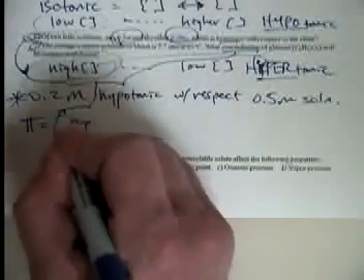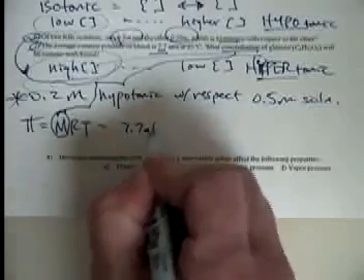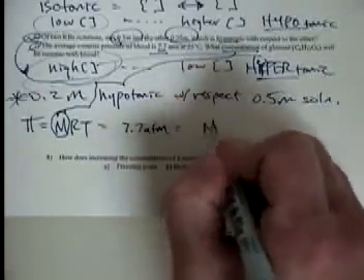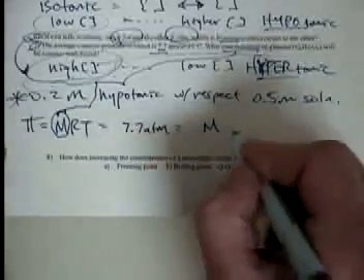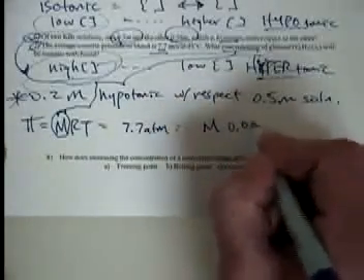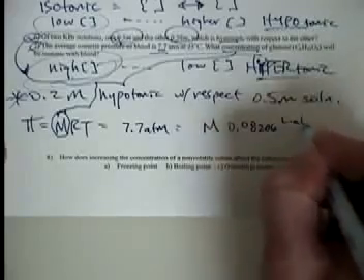It asks what concentration, so we're going to be looking for molarity in this case, because molarity gives us concentration. It tells us that the osmotic pressure is 7.7 atmospheres, so we can put that in for pi. We're going to solve for M, which is our molarity. Our R is going to be in atmospheres, so 0.08206 liters times atmospheres per mole times Kelvin. And then lastly, we've got to know our temperature, and it says it's at 25 degrees Celsius.